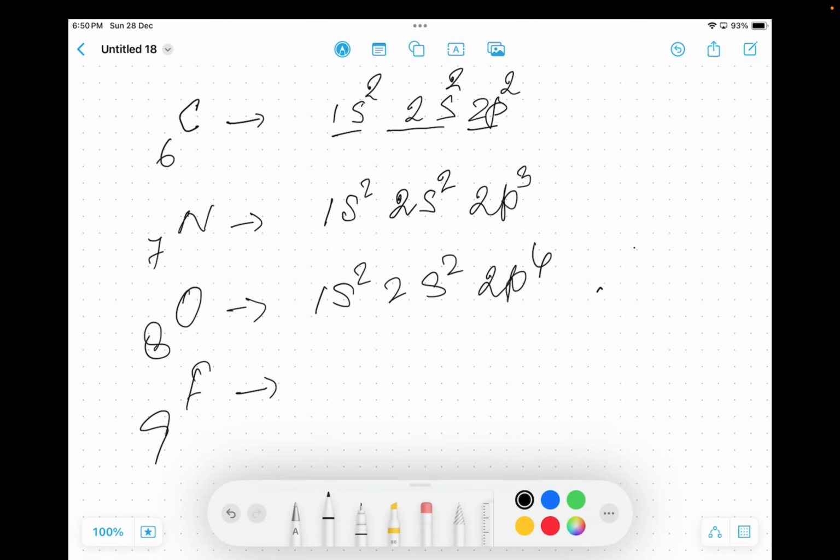We should write 1s2, 2s2, 2p5. So in this way, if we understand the energy level of subcells, the capacity of electrons, and how many electrons should be placed into different subcells, then we can write the electronic configuration easily.